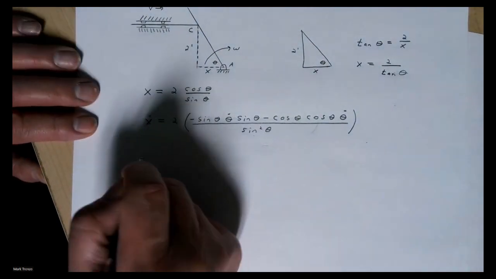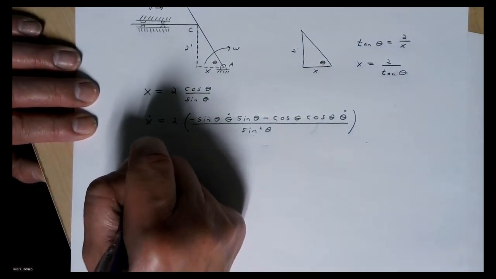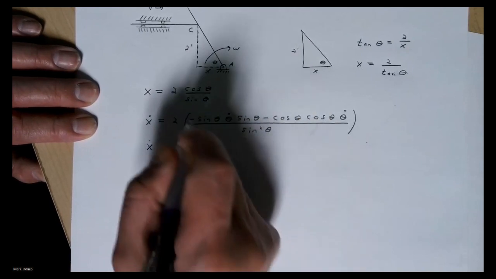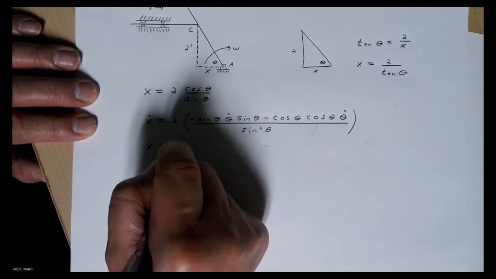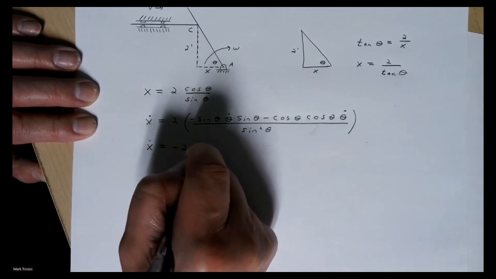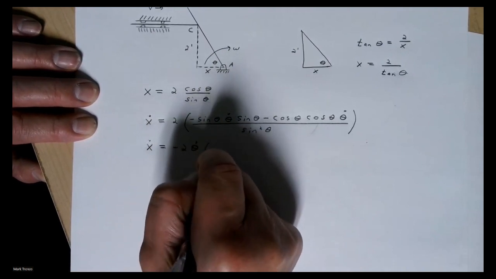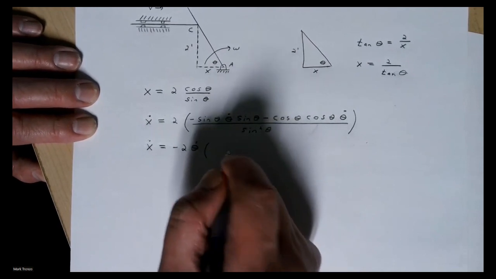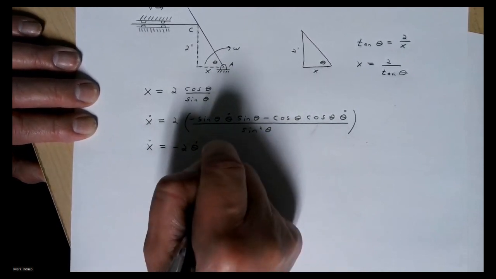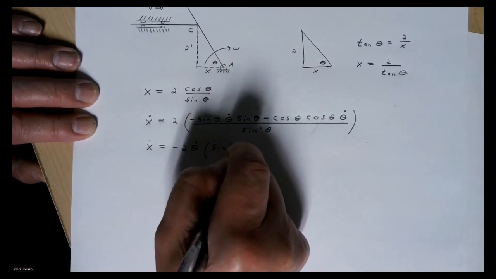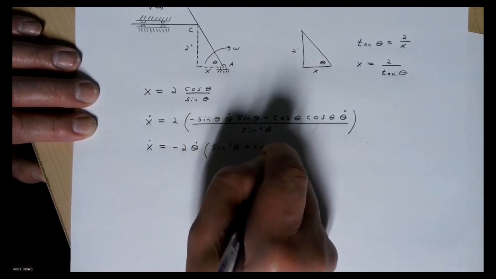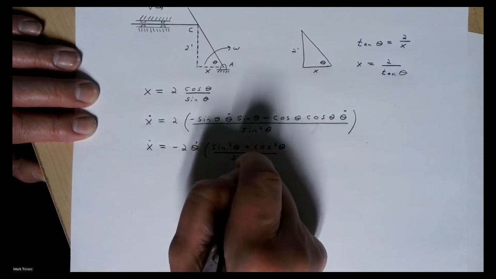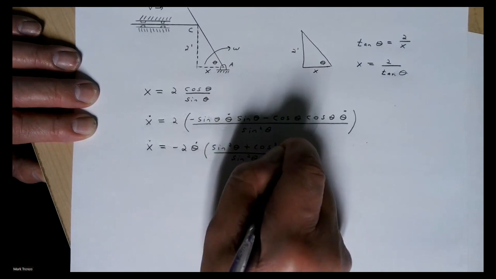Now, if we go through here, we can factor out the 2 theta dot, and I'll factor out the negative. And then we're left with sine squared theta plus cos squared theta over sine squared theta.